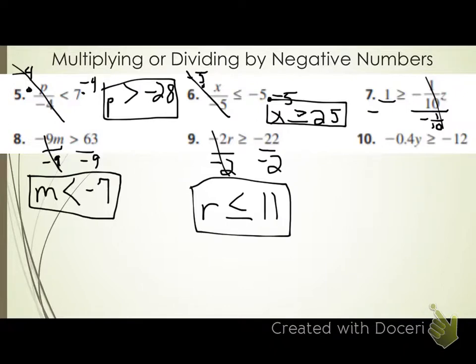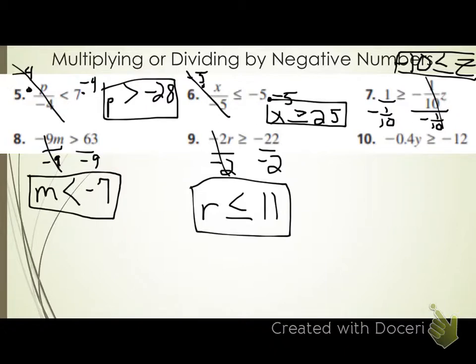I'm left with z on the right hand side. What is 1 divided by negative 1/10? Negative 10. Inequality symbol flip or stay the same? Flips. There's my solution. Questions on 7?